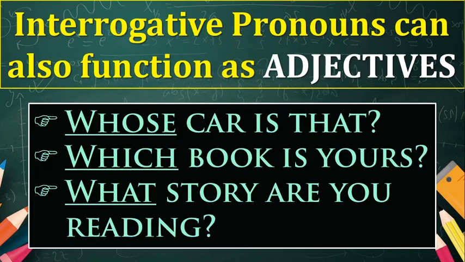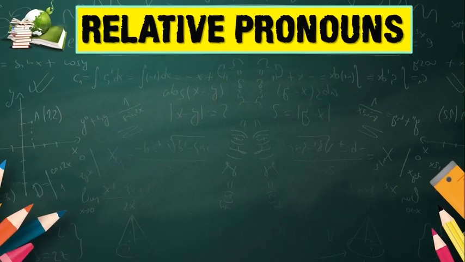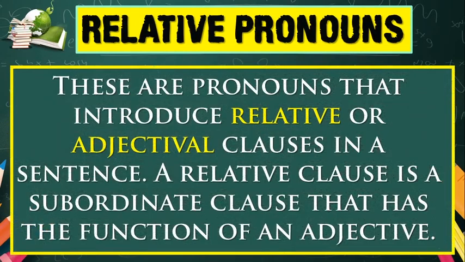Let's move on to talk about the relative pronouns. In the English language, relative pronouns are pronouns that introduce relative or adjectival clauses in a sentence. When you talk about a relative or an adjectival clause, you are talking about a subordinate clause that performs the function of an adjective.